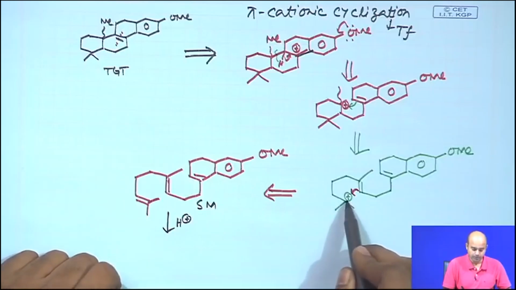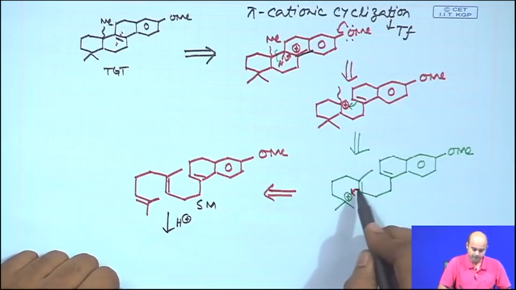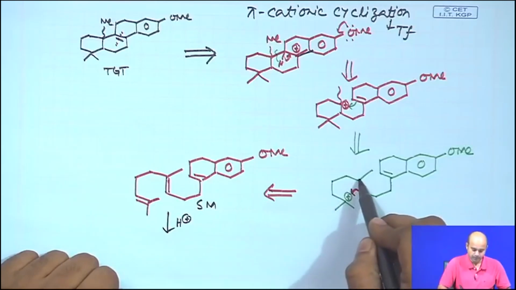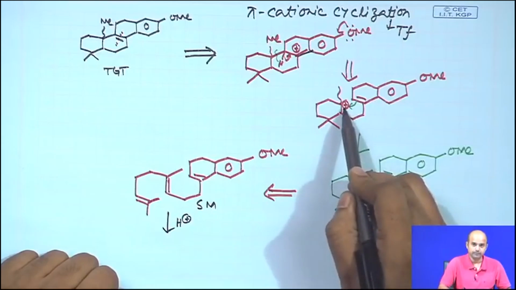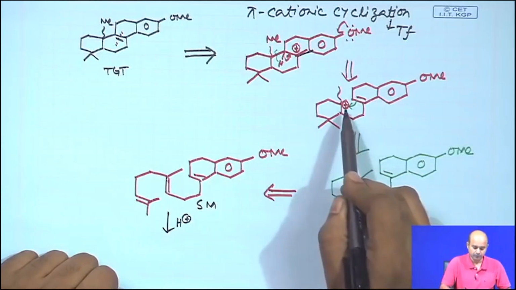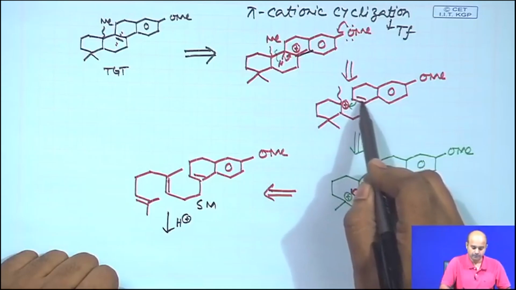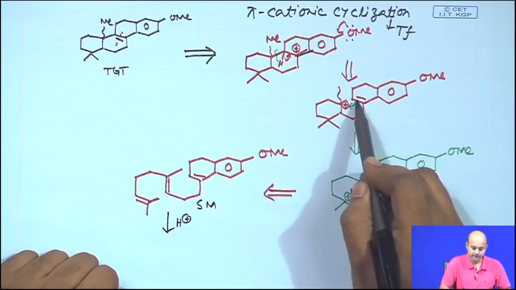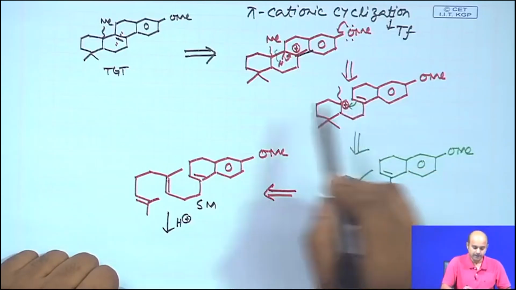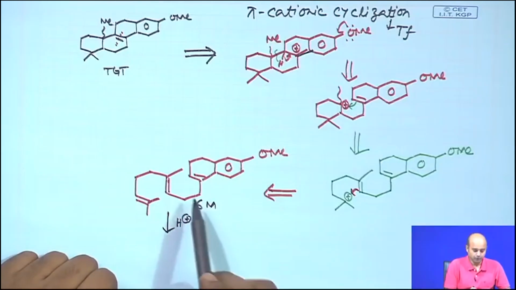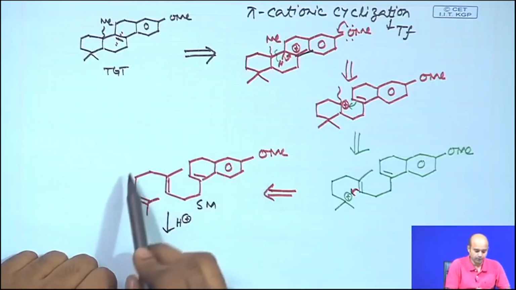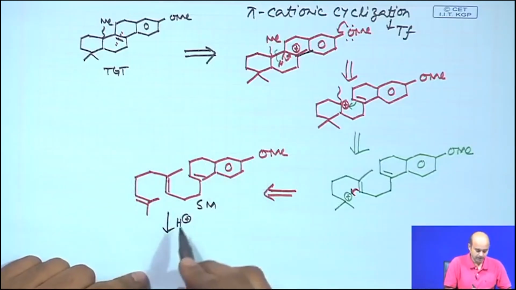Now, this 3 degree carbocation will get this pi, it will quench it here and give you a carbocation here, and then you get another pi cloud here, and that gives you this para-methoxybenzyl cation.